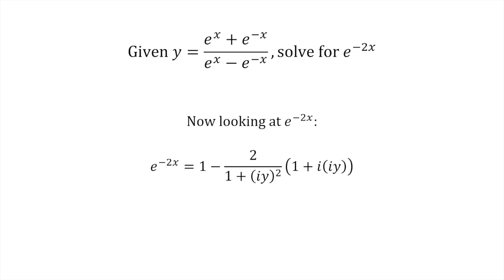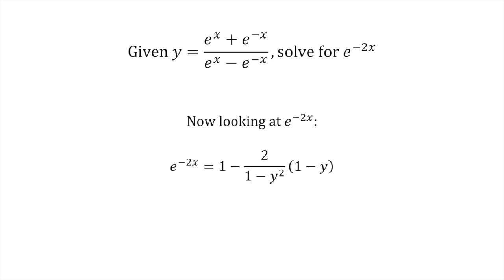We're not actually working with complex numbers, we're just using it to solve for a real solution in a kind of tricky way. So substituting iy into every cotan, we end up getting e to the negative 2x is equal to 1 minus 2 in brackets 1 minus y over 1 minus y squared.